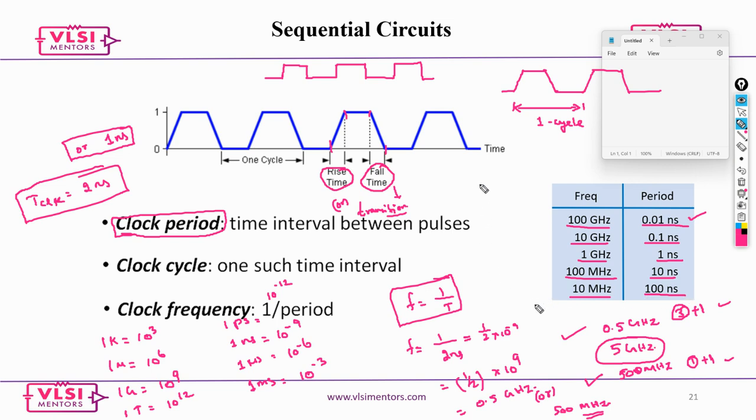Now, sometimes some of my designs were operating at 900 megahertz. What would be my clock period? 90 nanoseconds.